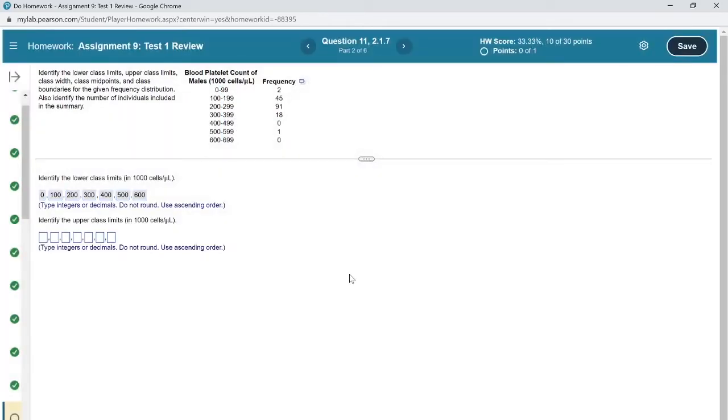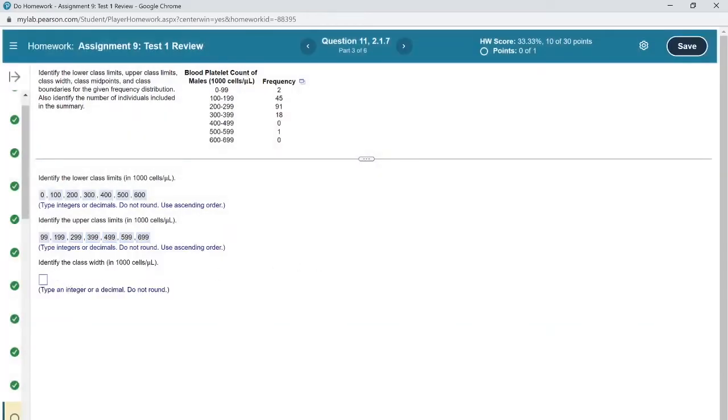Now the upper class limit means the higher value here: 99, 199, 299, 399, 499, 599 and 699. Those are the upper limits.